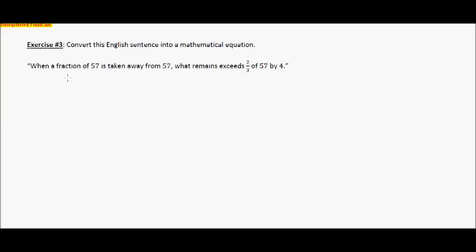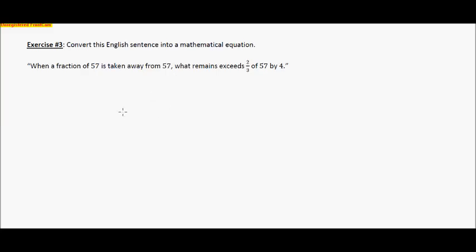Alright, number 3. When a fraction of 57 is taken away from 57, what remains exceeds 2/3 of 57 by 4. So when a fraction of 57 is taken away from 57, well, this one's kind of different.